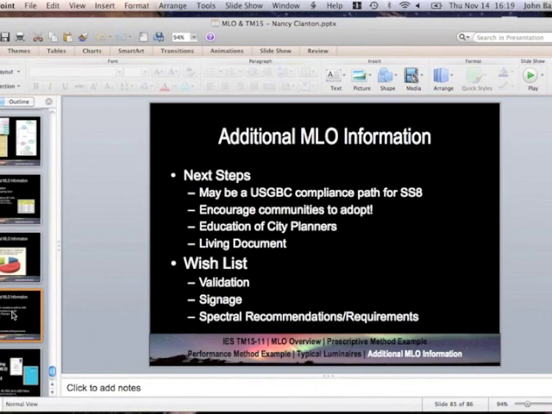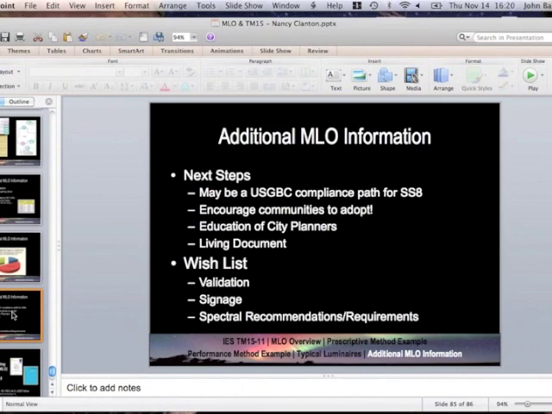In the new version 4 of the LEED compliance path for Site Credit 8, the MLO is one method that you can use in order to comply. We really need to encourage communities to adopt it, and through seminars, webinars like this, the education of the city planners.